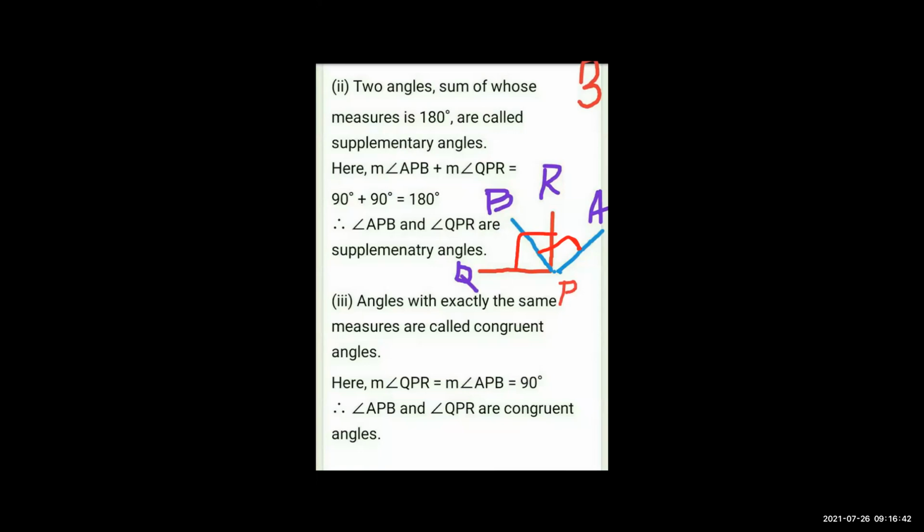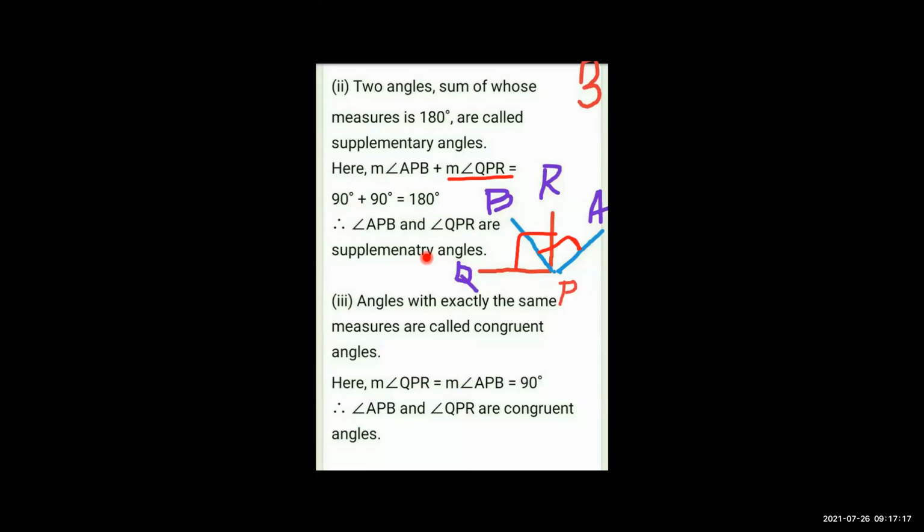So 90 plus 90 together make 180 degrees. So that is the pair of supplementary angles. Here, angle APB and angle QPR together are 180 degrees and are called supplementary angles.